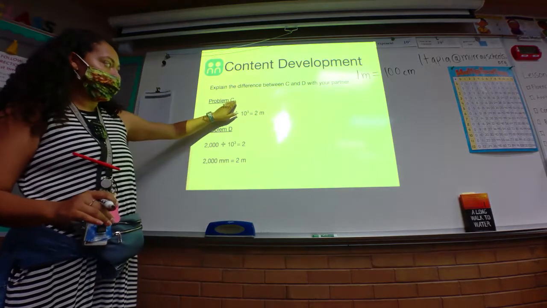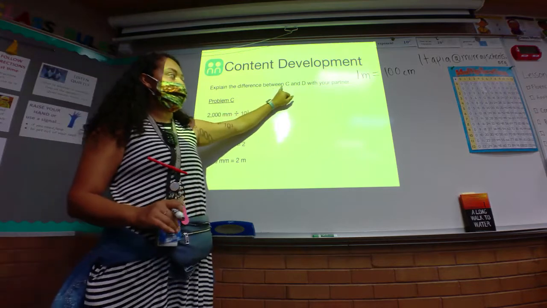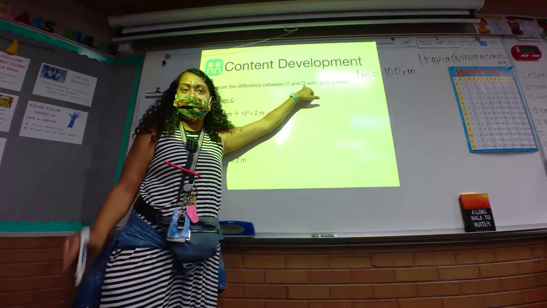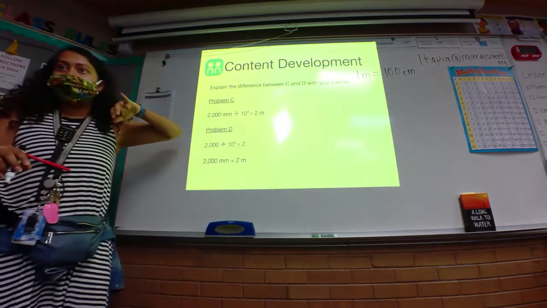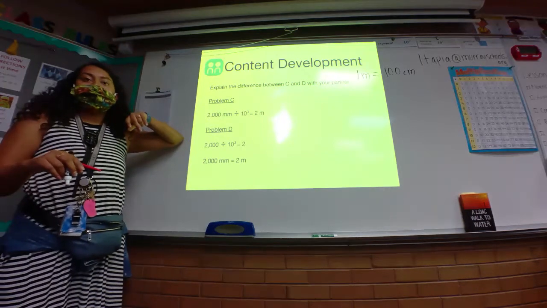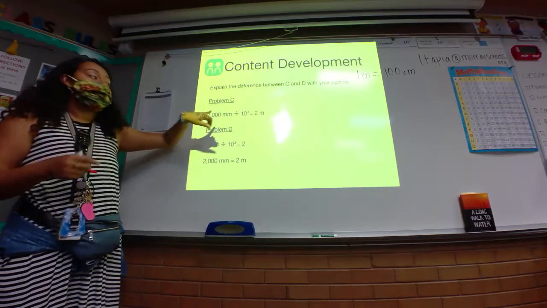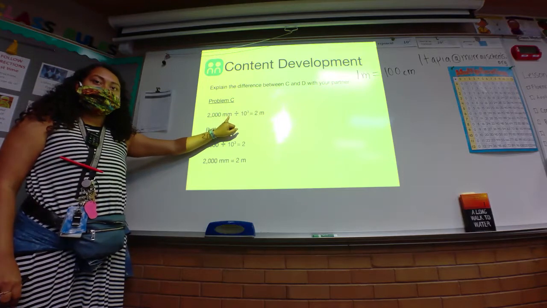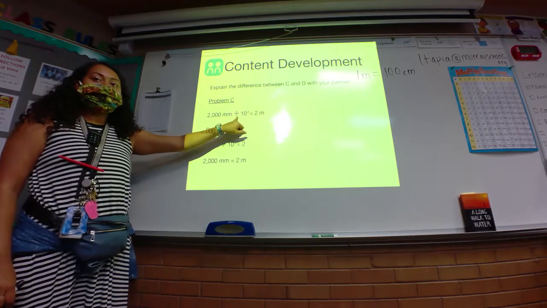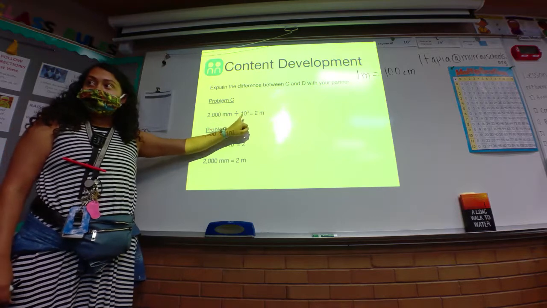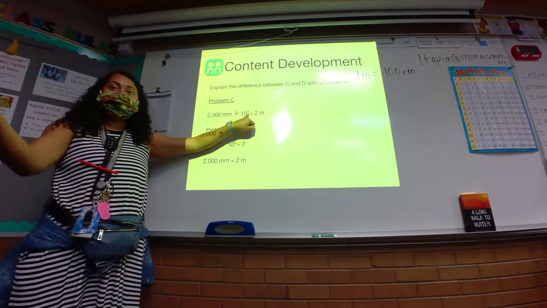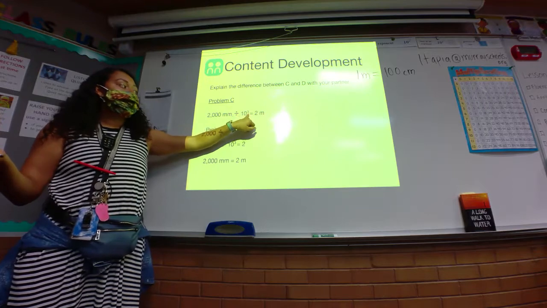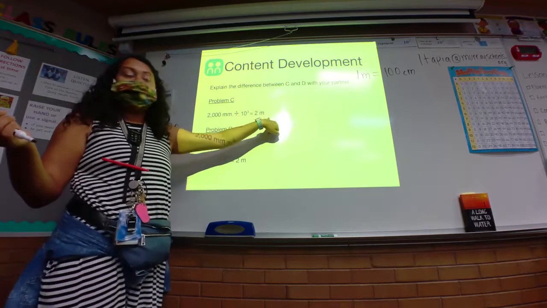Problem C. So we're going to explain the difference between C and D with your partner, the same partners that you worked with before. Marley, focus over here. Problem C says 2,000 millimeters divided by 10 to the power of what, class? 3 equals 2 meters.